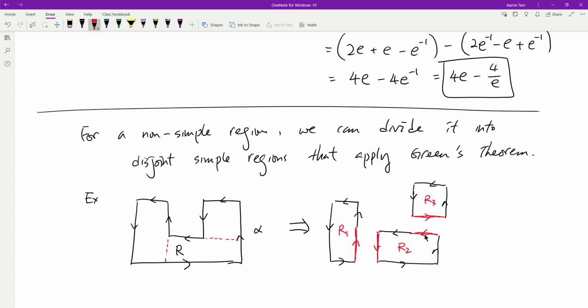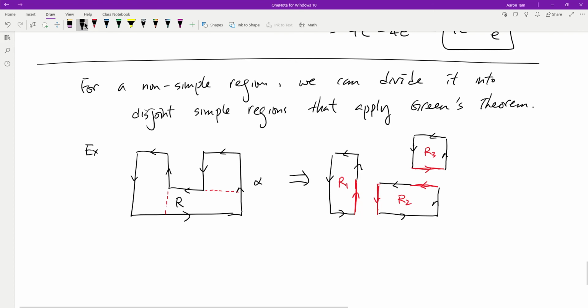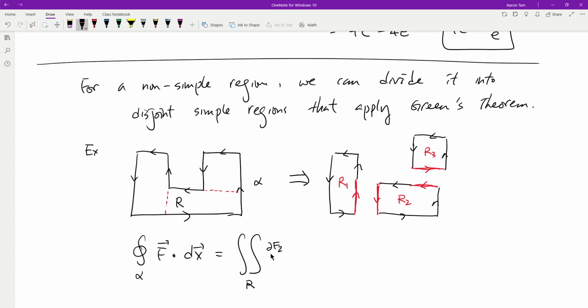So what does this tell me? It tells me that in the case of a non-simple region integral, like in this case, when I look at the closed curve alpha of F dot dx, I can say this is the same as the region R of ∂F2/∂x minus ∂F1/∂y dA.